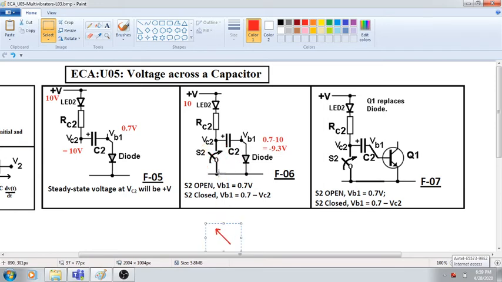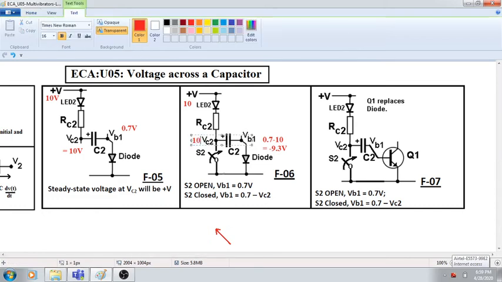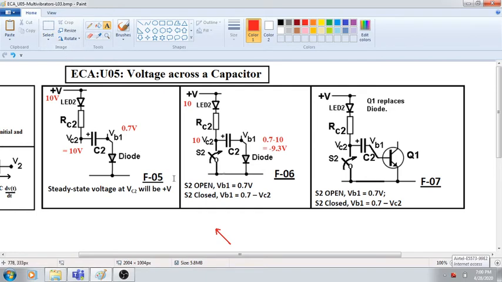The voltage here happens to be 10 volts. Okay, approximately. It's not exactly 10 volts. Don't worry about that. Approximately equal to 10 volts. Now this is 10 volts, and the voltage on the other side of the capacitor happens to be 0.7 volts. This side it is 0.7 volts.